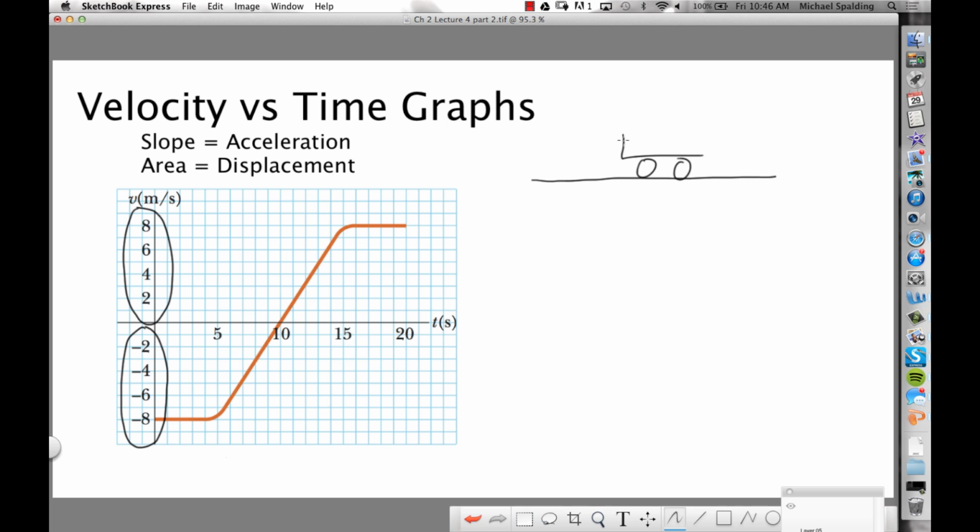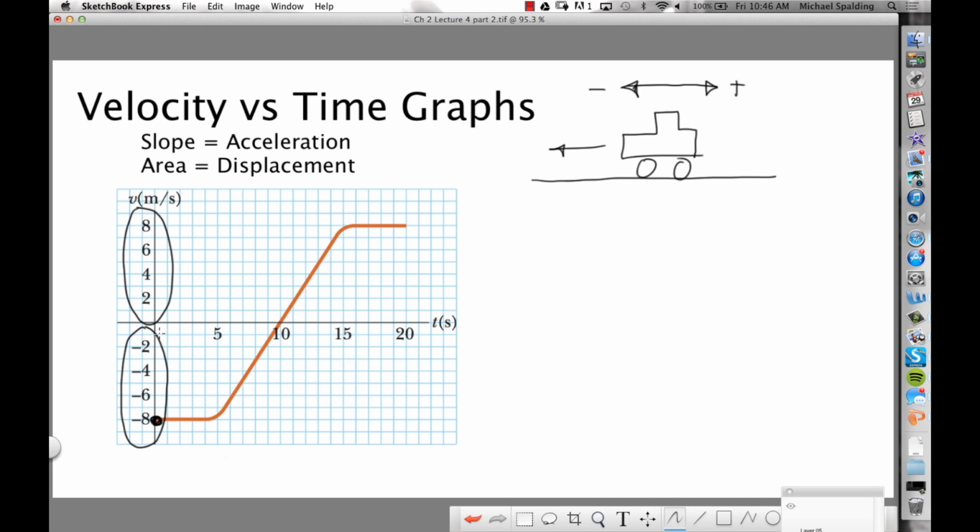So here's the car. To the right is plus, to the left is minus. When the graph begins down here, which way is the car moving? To the left. The motion starts out to the left in the negative direction, okay?